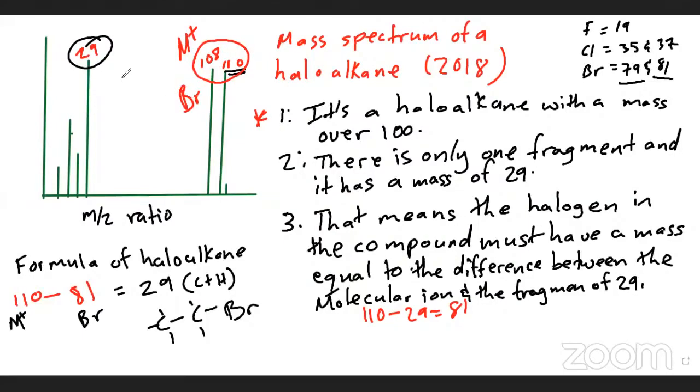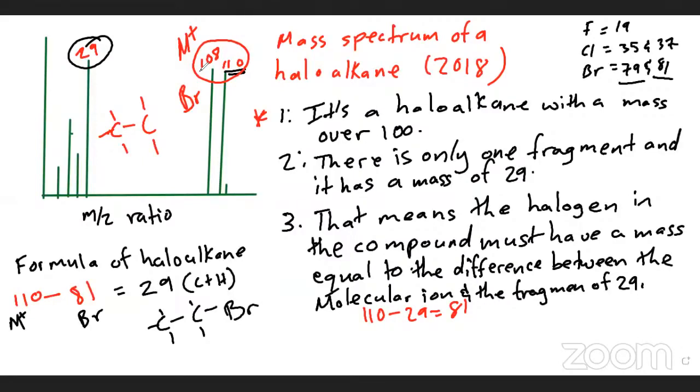The only fragment is 29, so the only number of carbons present in the compound is 2. That is why we just subtract it. That is why, to know which halogen is present, all we had to do was subtract 29 from the molecular ion. Is that clear?